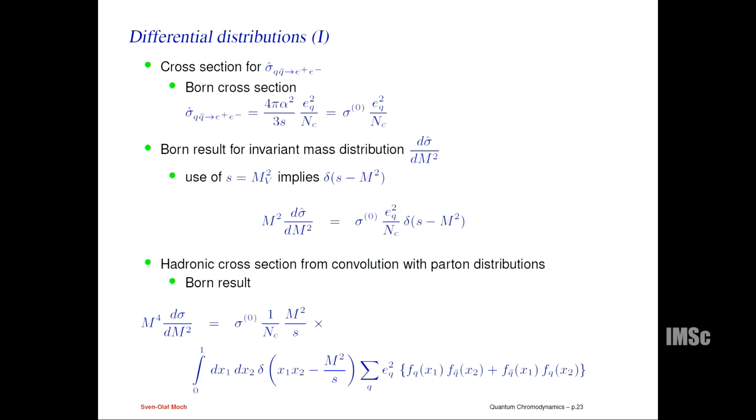From the center of mass energy constraint, we get a delta function relating the two x variables. That means we only have to do a one-dimensional integral here, convoluting the incoming parton distributions x1 and x2.